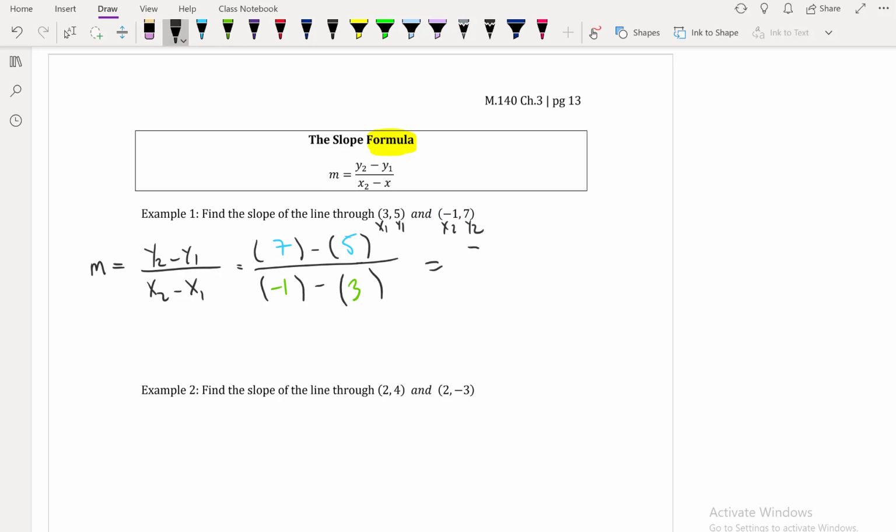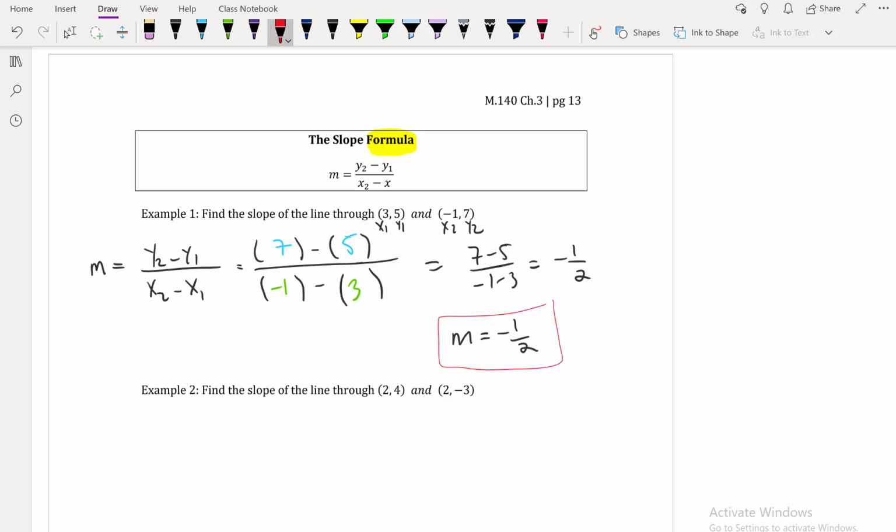So now I really just have the equation 7 minus 5 over -1 minus 3. If you put that into your calculator, or if you do it in your head, that's fine, you would get -1/2. So I know that my slope is equal to -1/2.